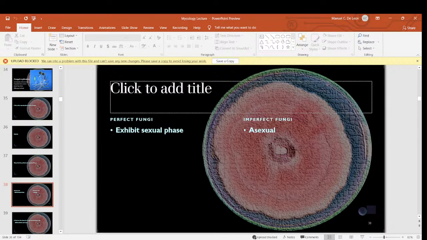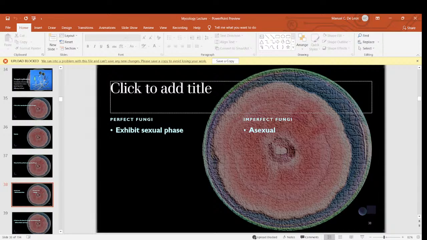In this case, a fungus requires a negative strand and a positive strand. Basically, it's half of the genetic material from the positive side and half from the negative side. So positive and negative combine together and form another fungus. That's how the sexual phase of fungi occurs.